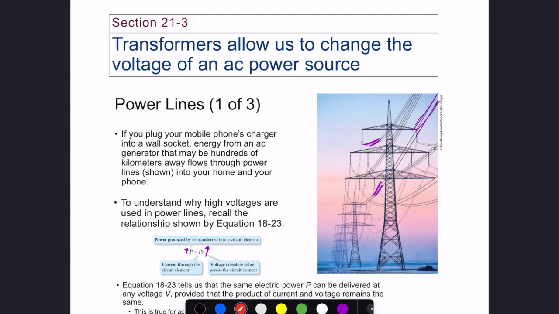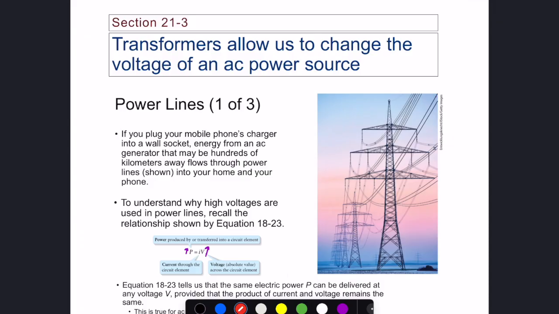So why do we need to know about transformers? Transformers are important because in power lines, we actually run the power lines at super duper high voltages, like hundreds of thousands of volts. And transformers allow us to change the amplitude of that voltage to something way more manageable for our home and safer for our home.